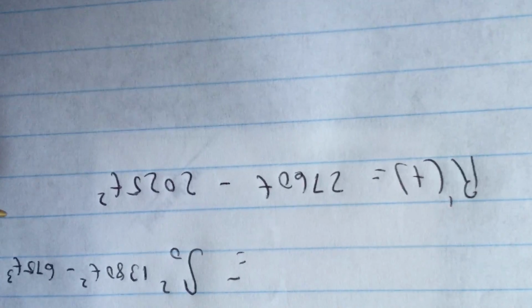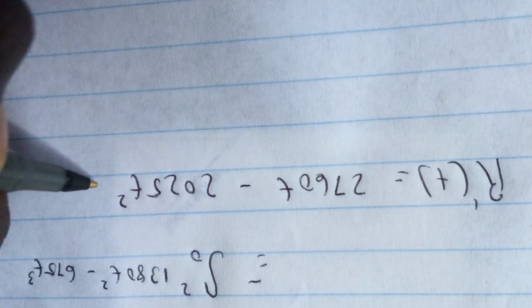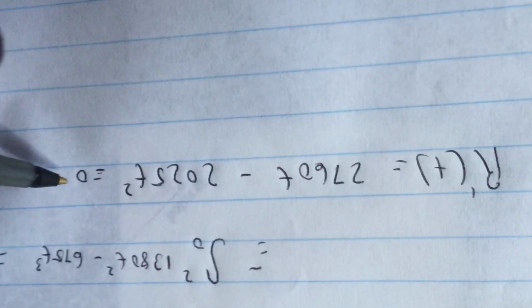So r prime of t equals 2760t minus 2025t squared, which we set equal to 0.